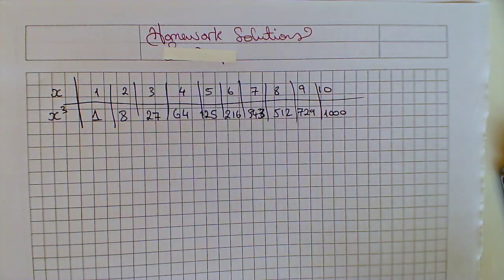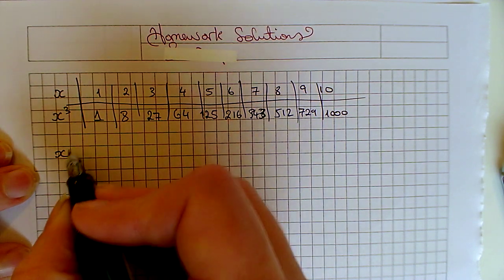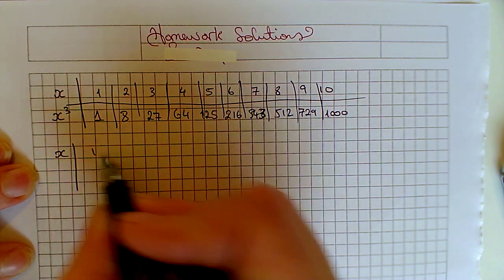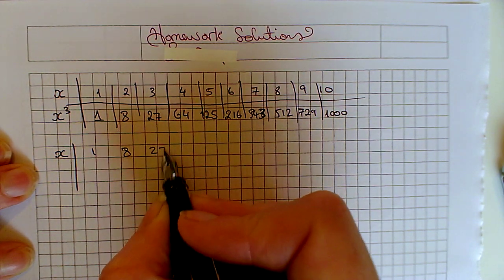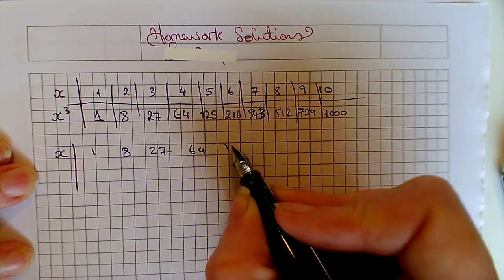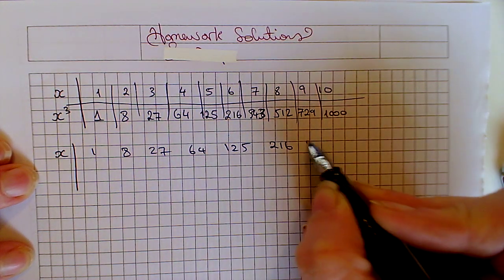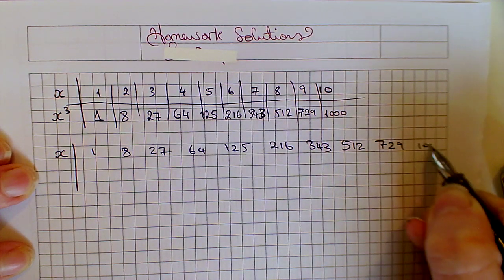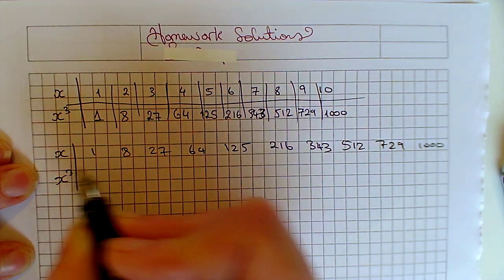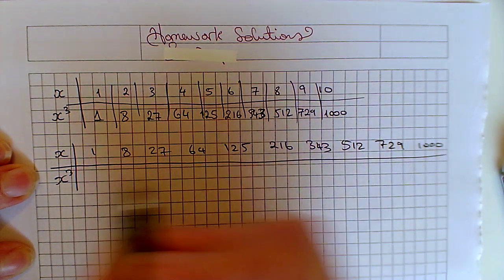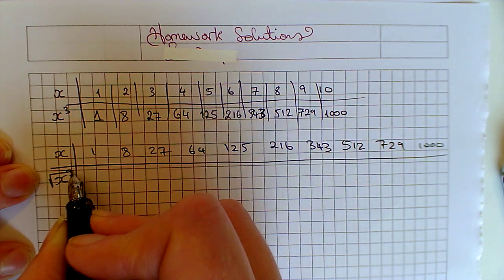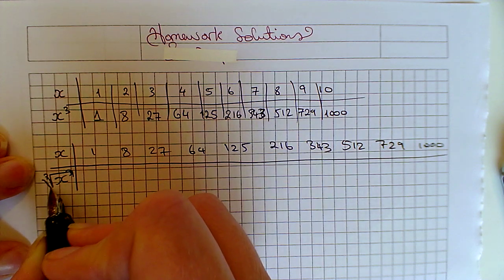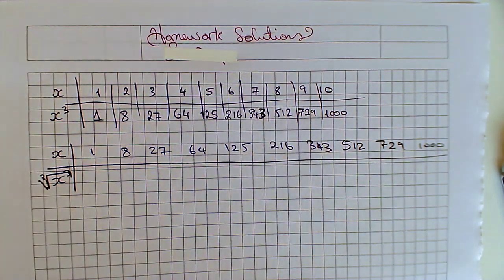If you were clever about it, based on last night's homework, you would have seen that the answers were in the second table below you. So if you have these values, 1, 8, 27, 64, 125, 216, 343, 512, 729, and 1000, they are perfect cubes, and we can find their cube roots, not cubed, the cube root, which is like a square root sign with a little 3 written in there.